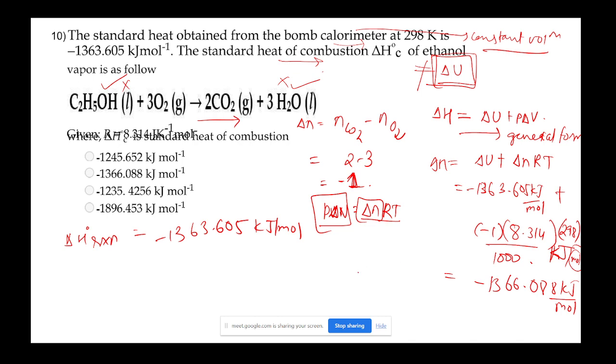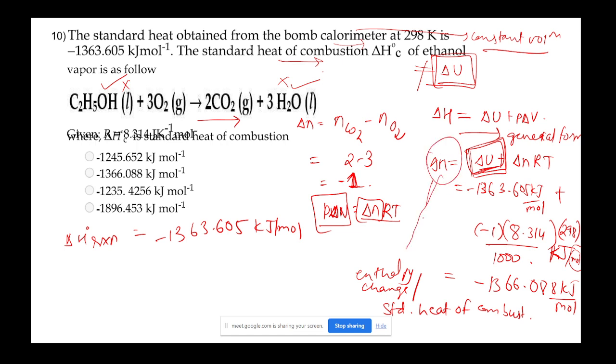This is the enthalpy change, or standard heat of combustion, because here you are taking the standard heat of reaction obtained from the bomb calorimeter, which is the standard heat of reaction at constant volume. So this corresponds to the standard heat of combustion.